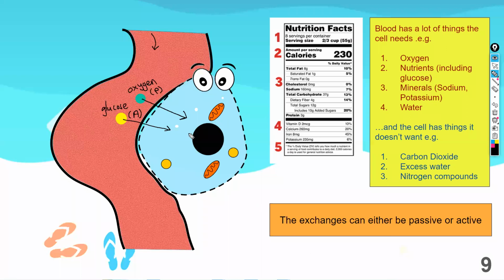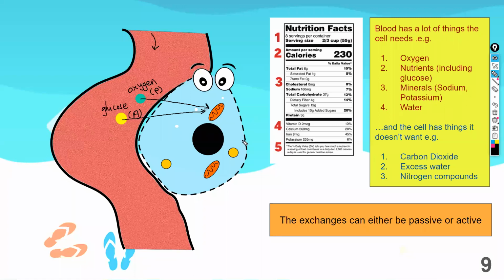Okay? So now, let me redraw these two things. I draw these arrows kind of bad. Not real bad, but slightly bad. Remember, the oxygen and the glucose, when it comes into the cell, it goes to the mitochondria.